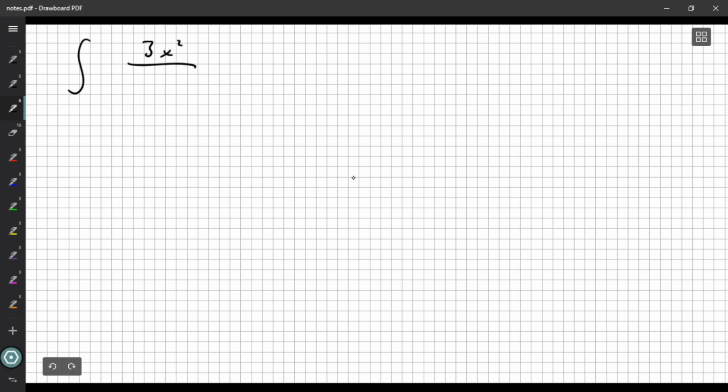So we want to integrate 3x squared over x squared plus 2x plus 1. We can rewrite that as 3 minus, and now we're going to have to be careful here, because we're splitting up the 6x plus 3 over x squared plus 2x plus 1. So we've got to be careful.